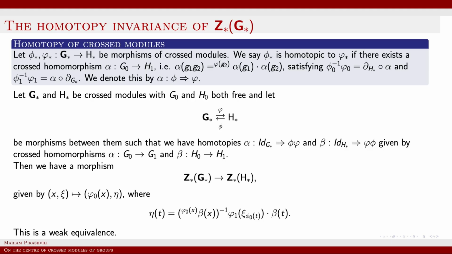So we can say what a homotopy between crossed modules is, and if we have crossed modules where we insist that G0 and H0 both be free, and they are homotopic, then we have a morphism between their centers, which is a weak equivalence, which is what we would use.